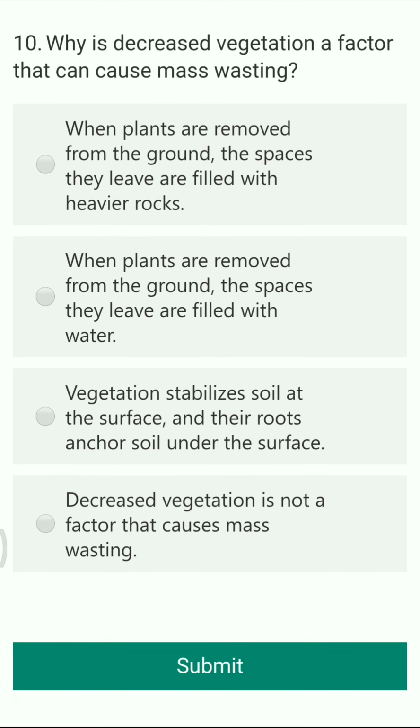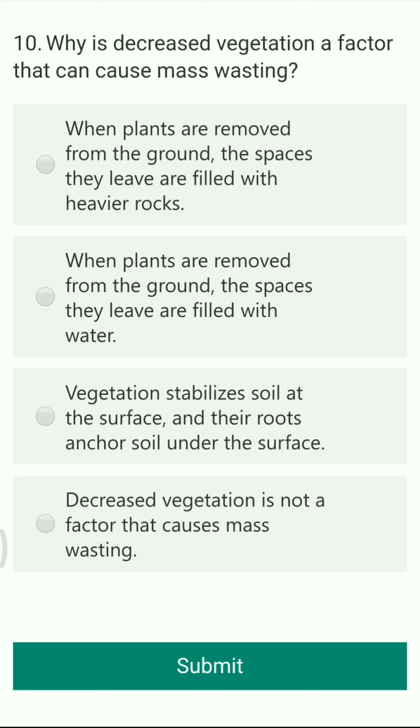Next question. Why is decreased vegetation a factor that can cause mass wasting? When plants are removed from the ground, the space they lived in is filled with heavier rocks. When plants are removed from the ground, the space they lived in is filled with water.